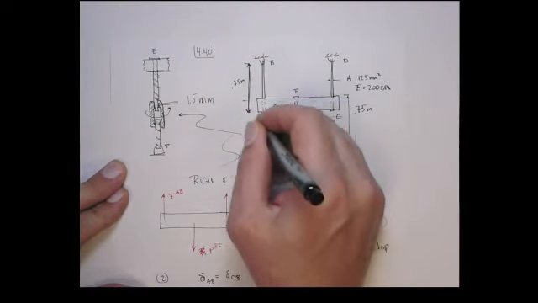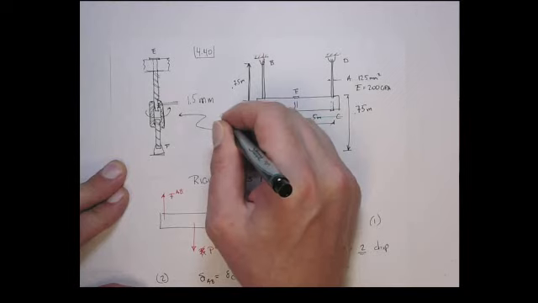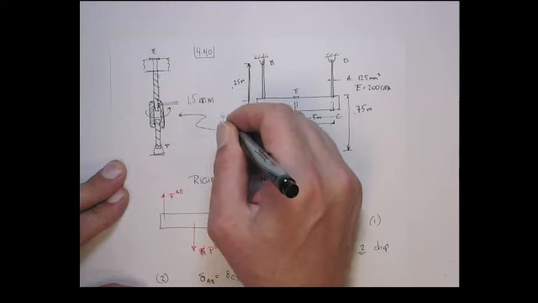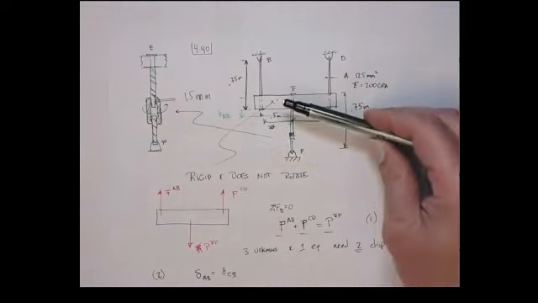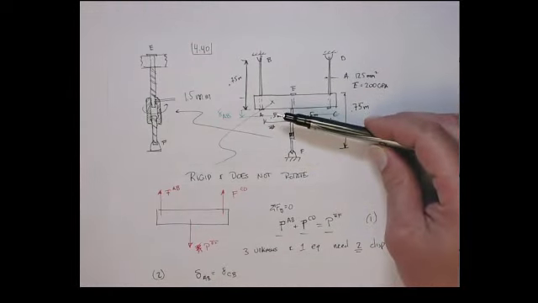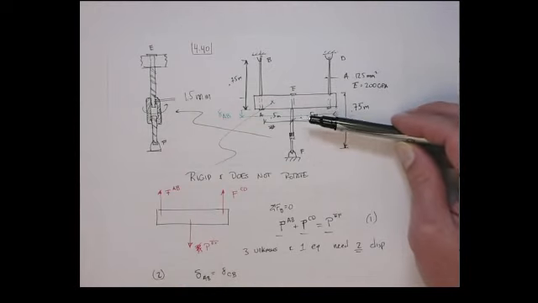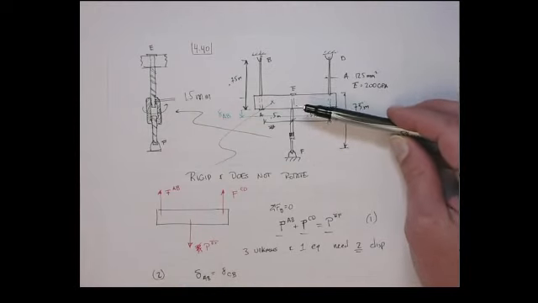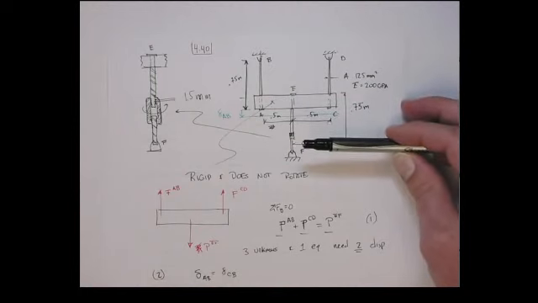Let me try to draw this right on top of this thing. That would be delta AB. It would move that down. Okay? Now, forgetting the turnbuckle, that would mean that element EF would compress by that same amount. Okay?